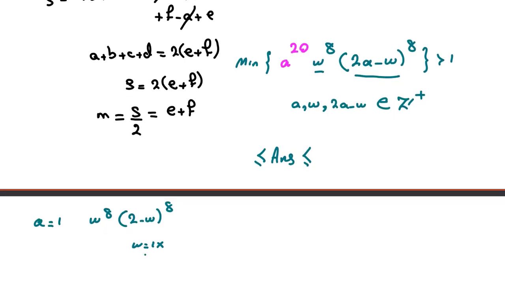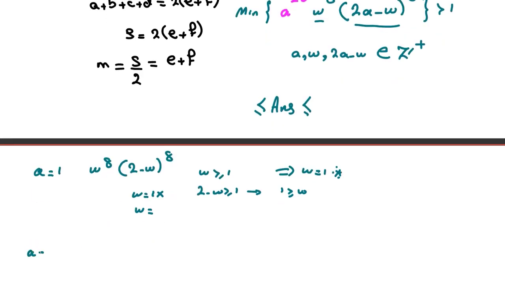If w equals 3, so 2 minus 3, it will be negative 1, this part. So let me see. It should be also positive. So w should be greater than or equal to 1. 2 minus w should be greater than or equal to 1. So w should be at most 1. W is 1, which is a contradiction. So a cannot be 1.